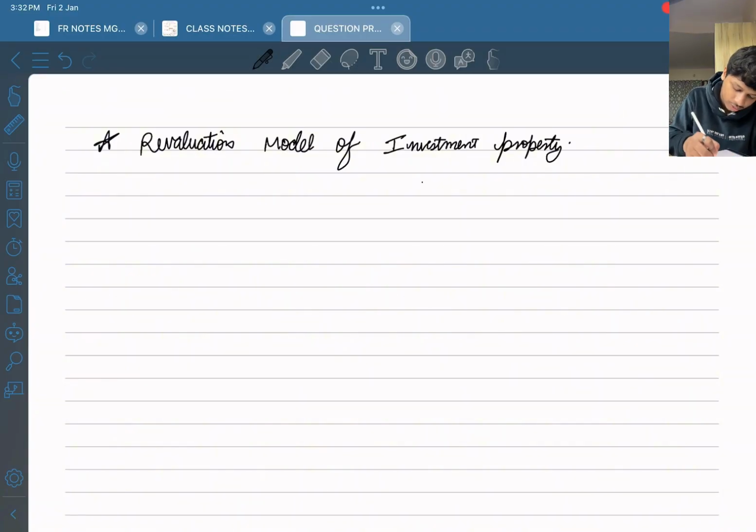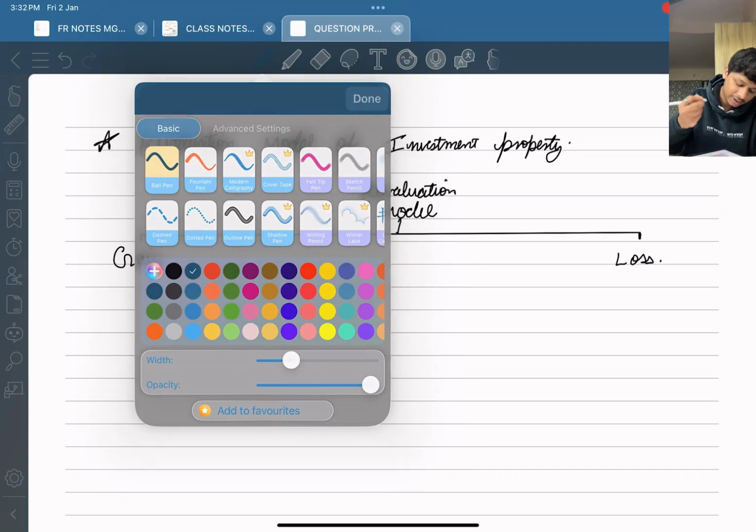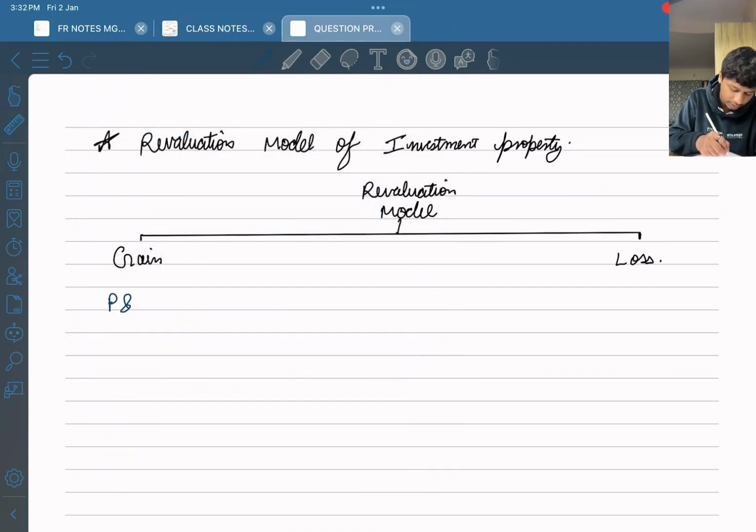So in the revaluation model of investment property, there will be either a profit or a loss, right? When we revaluate, there can be a gain or there can be a loss. In property, plant and equipment, the treatment is not so easy, but here both will go to P&L.